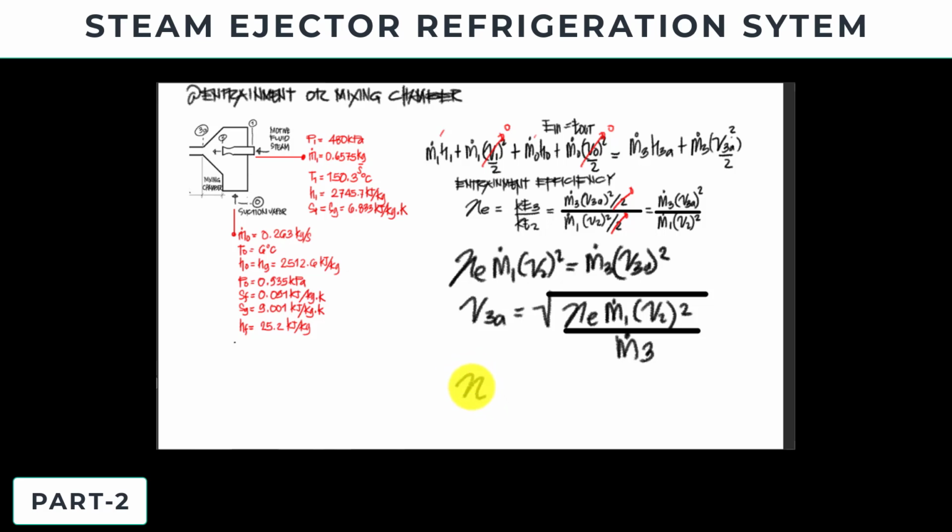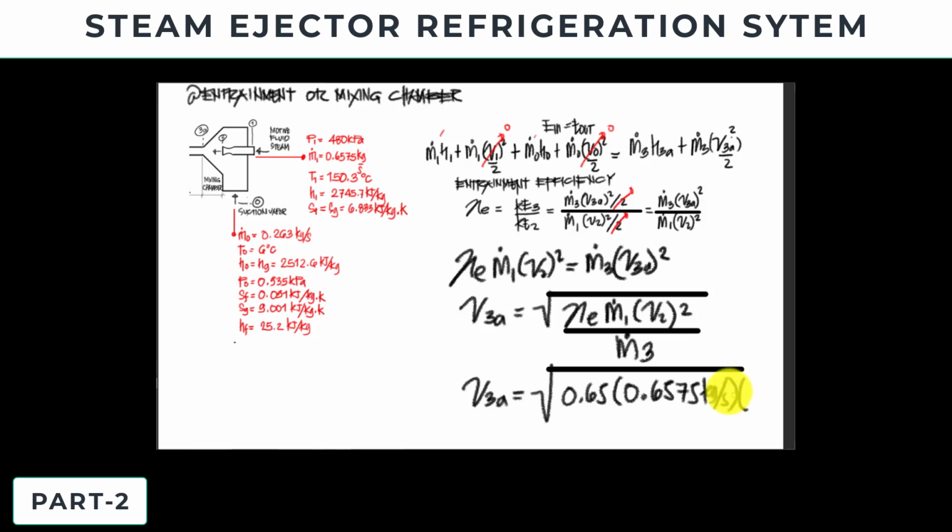Now substitute our values here for my velocity 3a. Now the efficiency of our entrainment, from the problem, is 0.65, times the mass flow rate 1, which is 0.6575, kilogram per second.